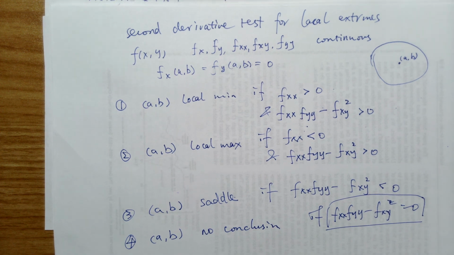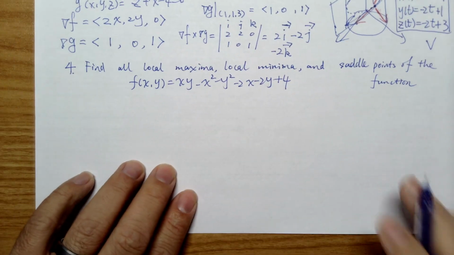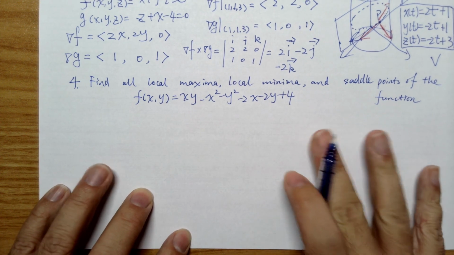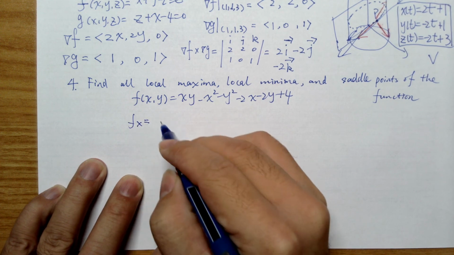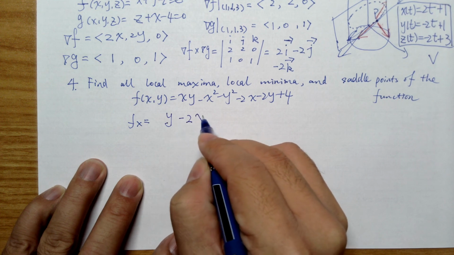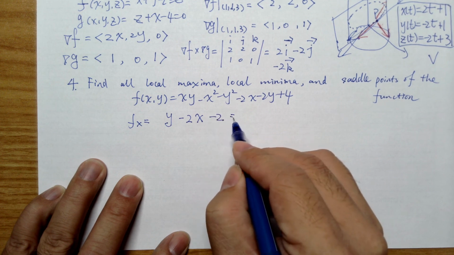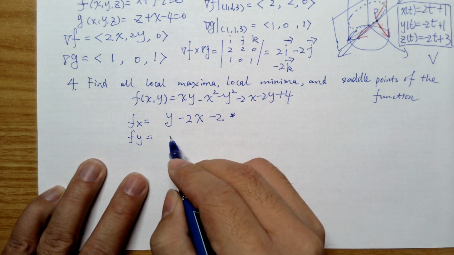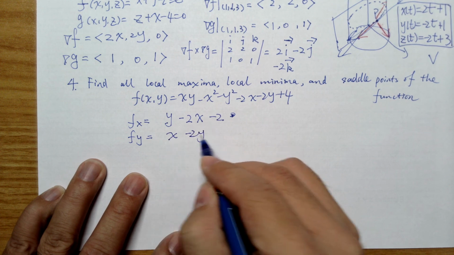So let's go back to the problem we would like to talk about. First of all, we need to figure out the corresponding critical point. So we need the partial derivative with respect to x. In this problem, it's y minus 2x minus 2. And the partial derivative with respect to y is x minus 2y minus 2.